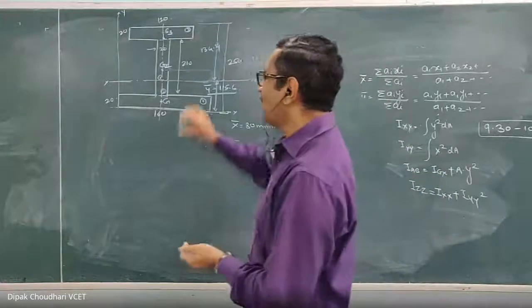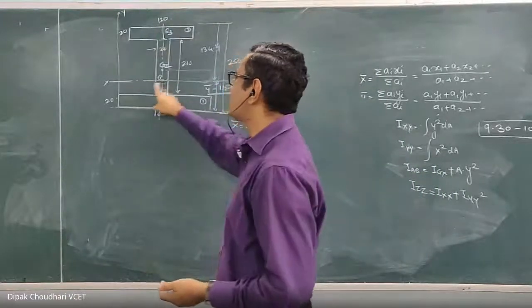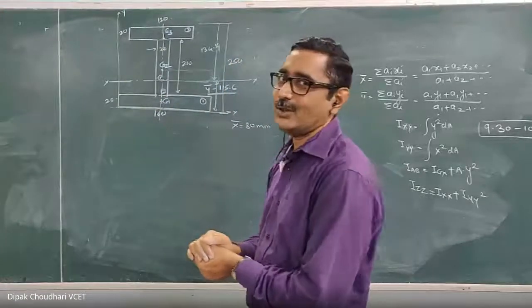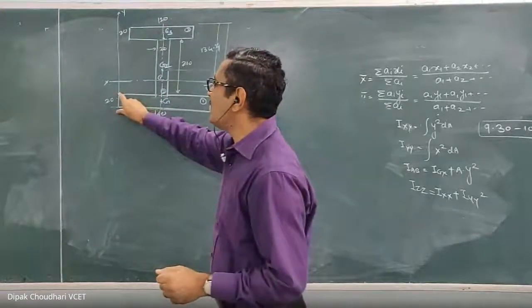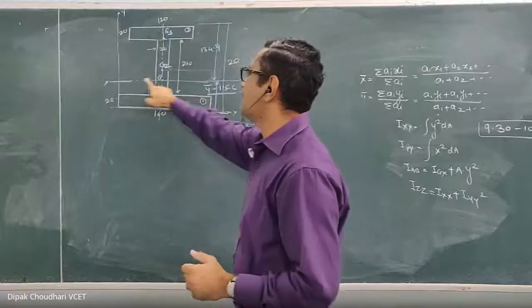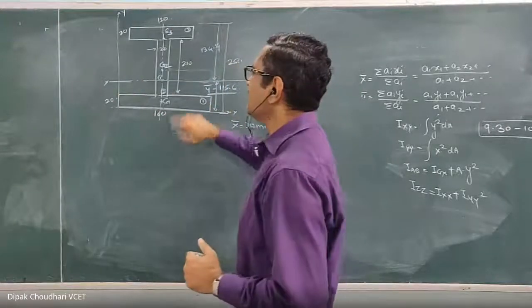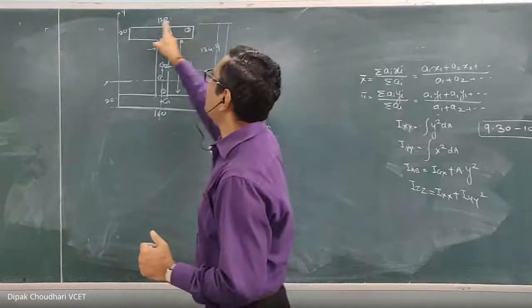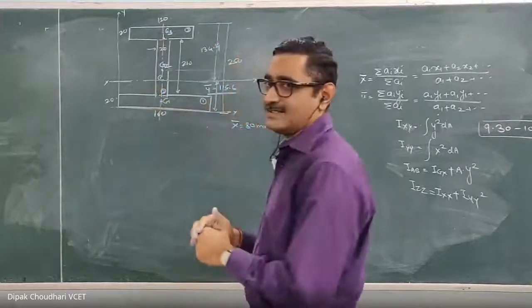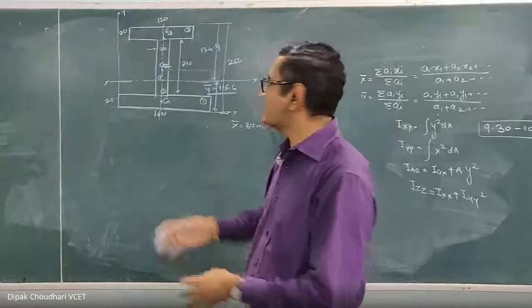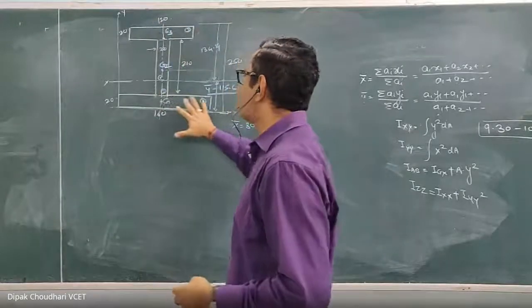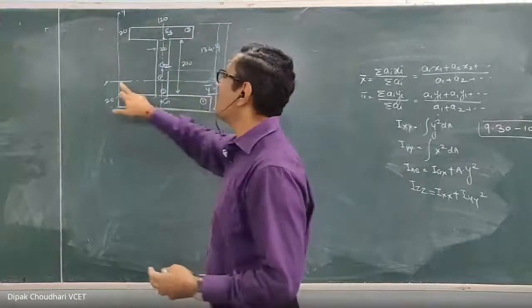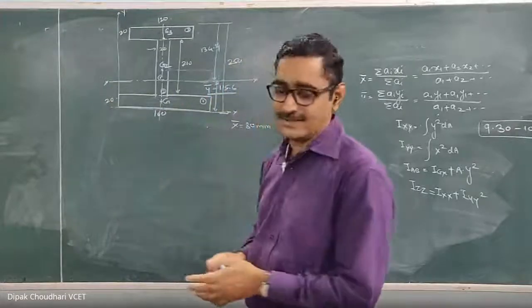Now I have to calculate the moment of inertia of these three figures about this centroidal axis. So what I will do, I will first calculate the moment of inertia of rectangle 1 about this axis, then the moment of inertia of the second rectangle about the same axis, and the moment of inertia of the third rectangle about the same axis. And I'll add all those three moments of inertia so that I'll get the moment of inertia of this entire lamina about the centroidal x-axis.